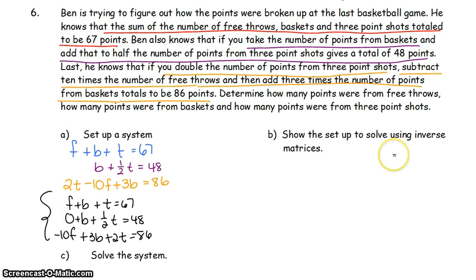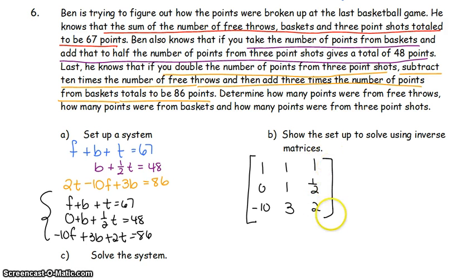When we set this up for our inverse matrices, we've got our coefficients 1, 1, 1; 0, 1, 1/2; -10, 3, 2. And we know that we're multiplying that by our x, y, z. I know we used f, b, and t, but x, y, z, same thing.